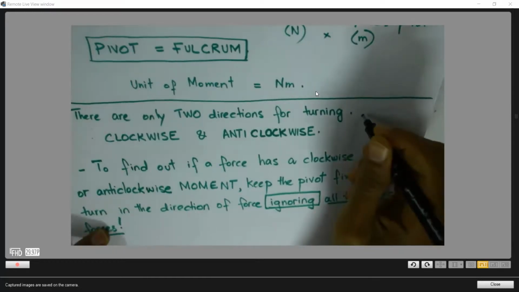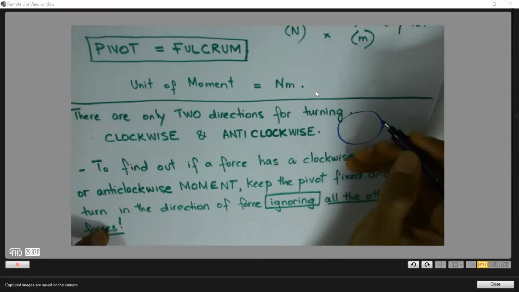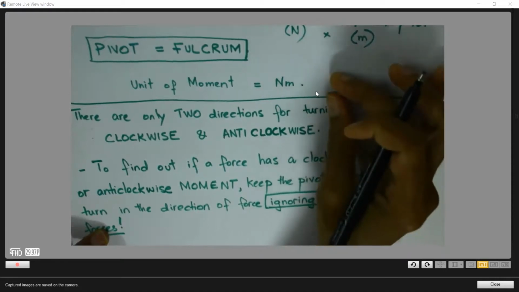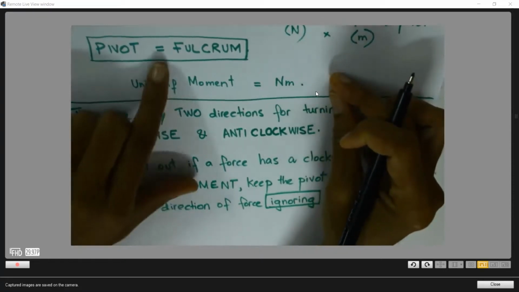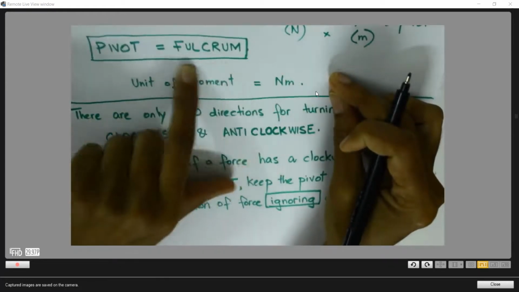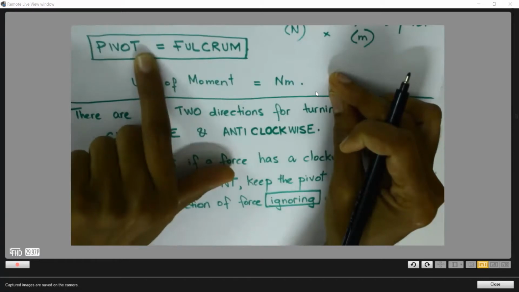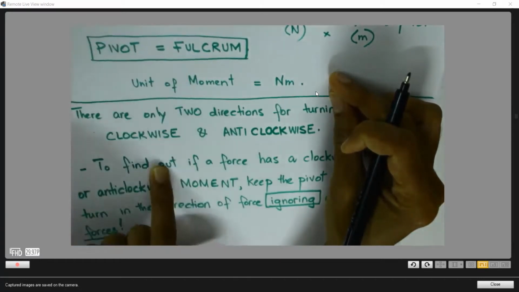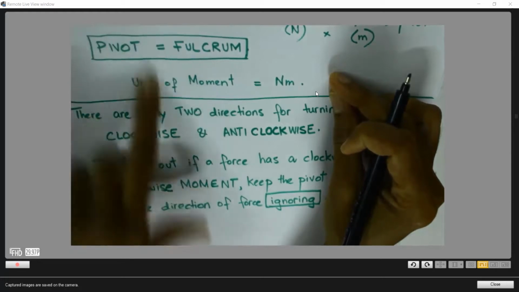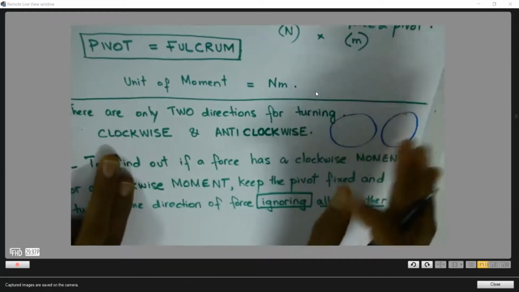And real quick, you should be able to decipher this: you will keep the pivot fixed, imagine that force, and consider that beam as the clock hand, and see how it is moving. Is it moving clockwise, or is it moving anti-clockwise? And that's how you're going to decide. So we're going to practice that a little bit.